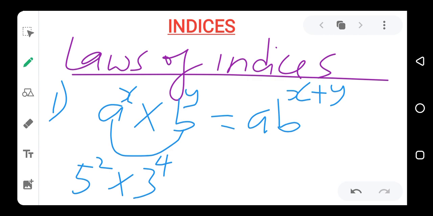We multiply 5 by 3, and that will give us 15. Then we add the powers, 2 plus 4, that will give us 6. So the answer is 15 raised to power 6.